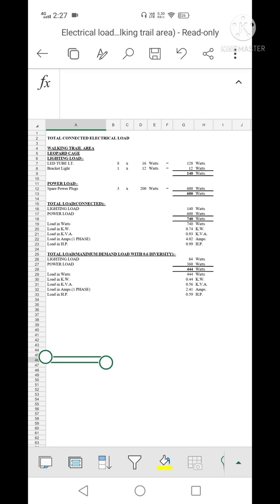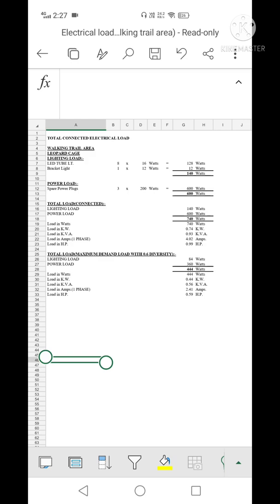So if you take an example over here, there are three types of load while we are calculating. First is a lighting load, second is a power load. Lighting load means our tube lights, our 2 by 2 lights, or whatever fixtures we are using for the illumination of the space.